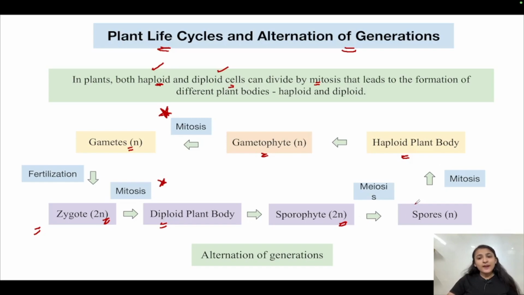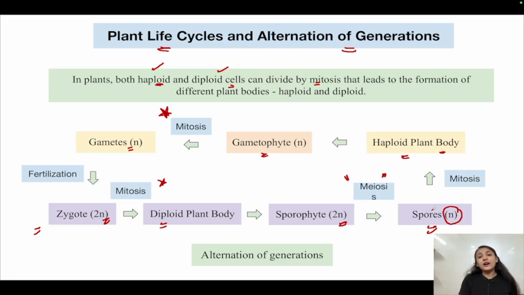Now the sporophyte will again form spores. Spores have the ploidy level of n, because these spores have to give rise to the haploid plant body. So the sporophyte undergoes meiosis in order to form spores, because the ploidy level has to be halved in the spores.